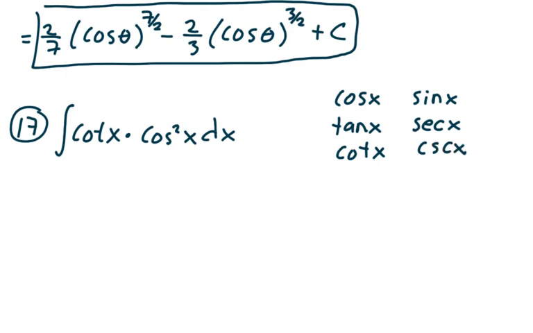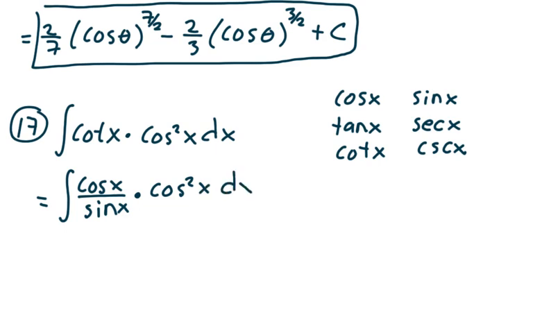But cosine x and cotangent x typically don't get paired off. And so my gut reaction when I see a problem like this is I'm going to take cotangent x and write it as cosine x over sine x, because sines and cosines go together really nicely. And then I'm going to multiply by cosine squared x dx.